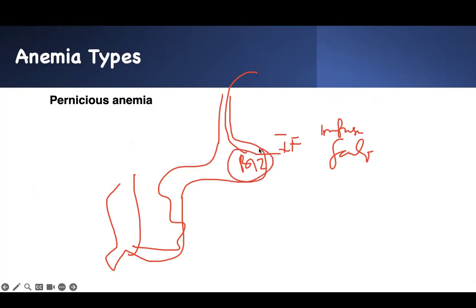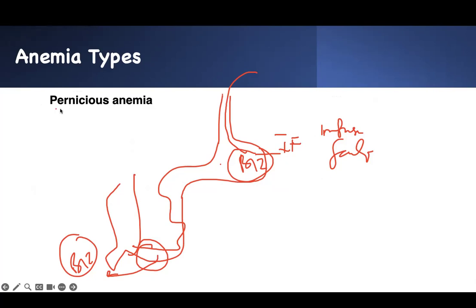So B12 binds to intrinsic factor, and you go through your small bowel. When you get to the terminal ileum, what happens? You absorb B12 into your blood, and this is how we get B12. And the intrinsic factor gets recycled and goes back into your GI tract.